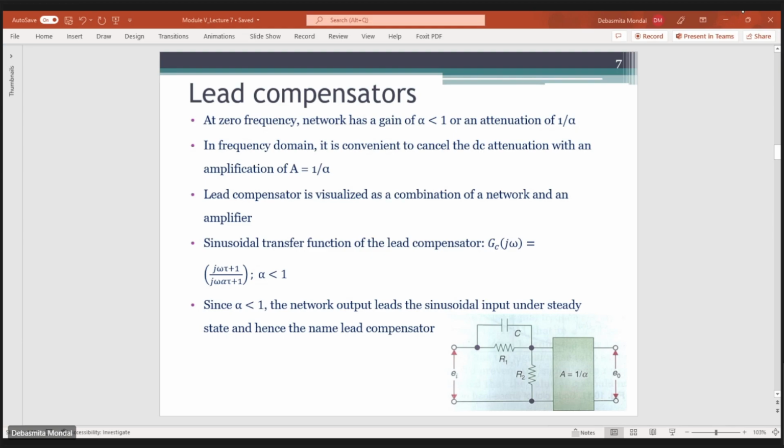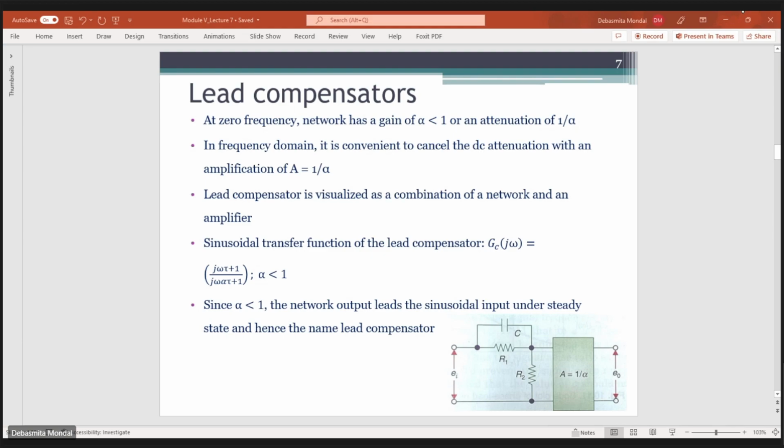And this is basically a positive acute angle for alpha less than 1 and greater than 0. That means the output has a leading phase angle with respect to the input, and hence the name lead compensator. That is, the output E0 will have a leading phase angle with respect to the input EI.